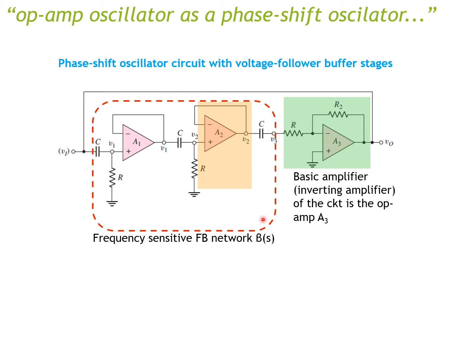So this is our frequency sensitive feedback network, and I'm going to call it beta. In this beta, we also have one op-amp and another op-amp in here, and this op-amp configuration is called a buffer amplifier, or you can call it a voltage follower.